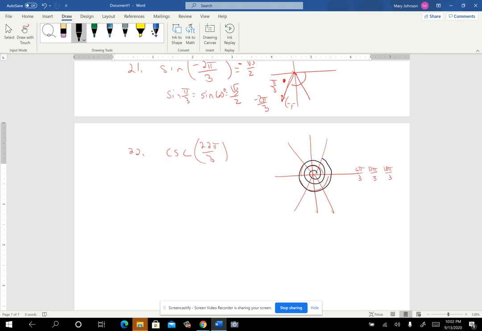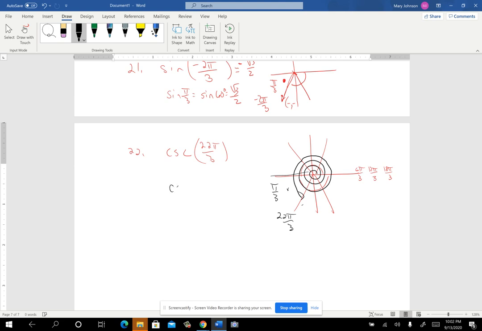Then that's 19, 20, 21. This would be 22. So that's where you're at. How far past the x-axis are you? See how you're only 1 pi over 3 away from the x-axis? That's your reference angle.